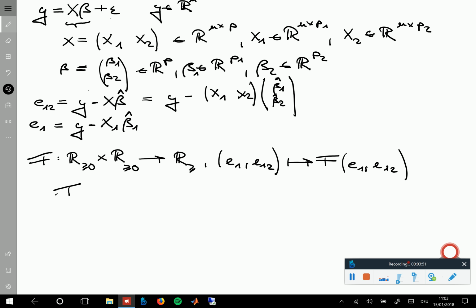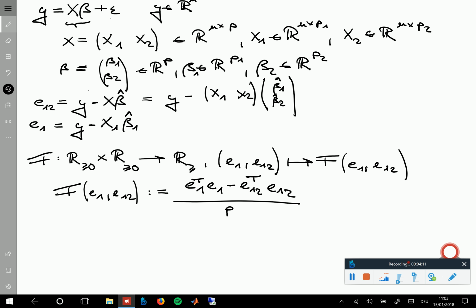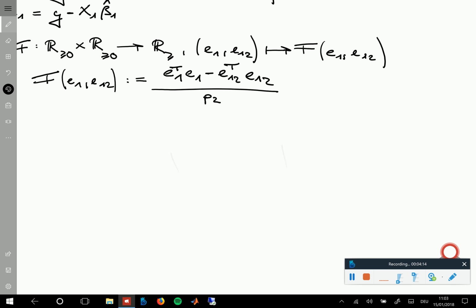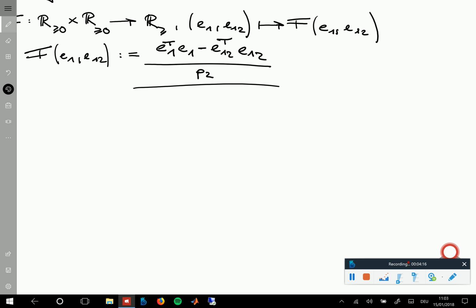So F of E1, E12 is defined as E1 transposed E1 minus E12 transposed E12, divided by p2, and the whole thing divided by E12 transposed E12 divided by n minus p.